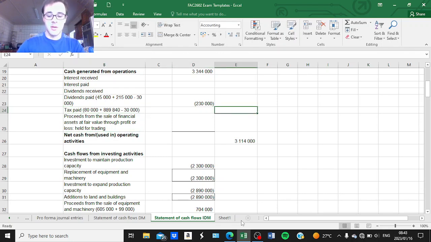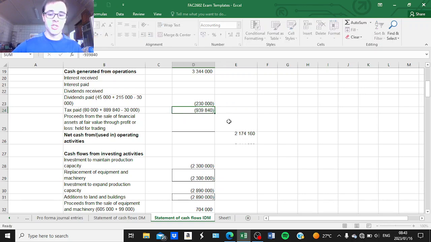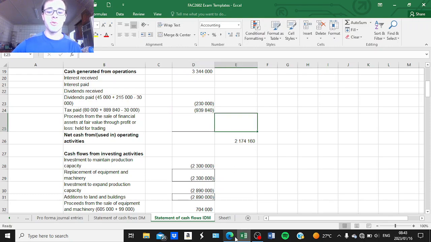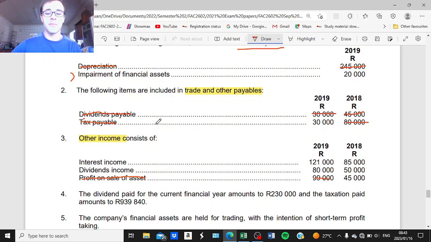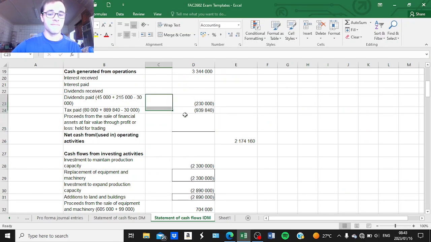Right? So the total tax paid during the current financial year amounted to 939,840. Okay, 939,840 is the total amount that was paid in respect of income tax.